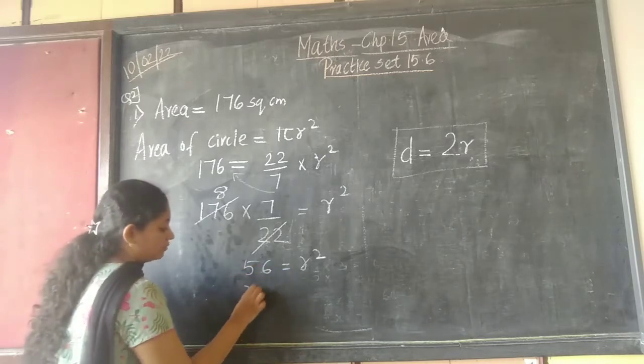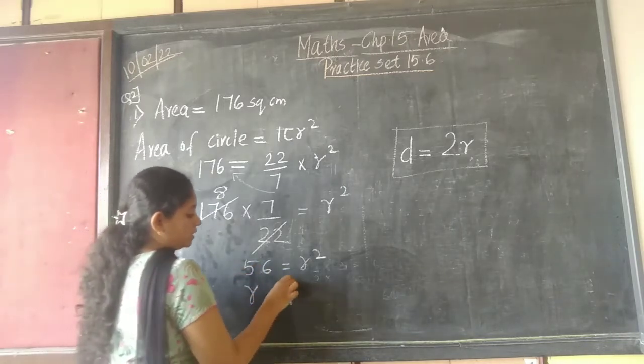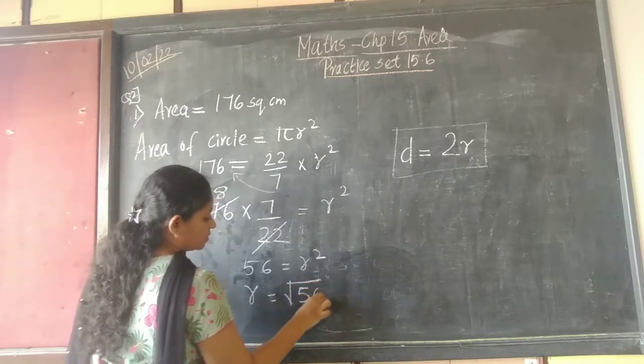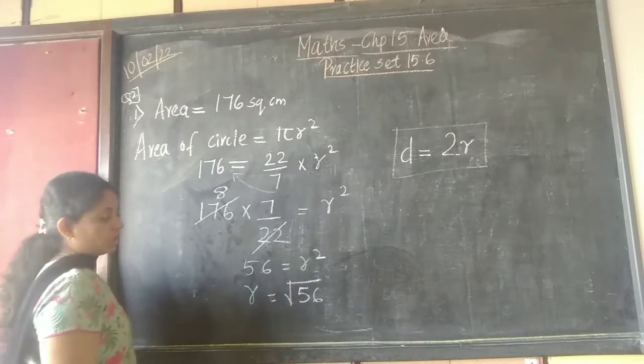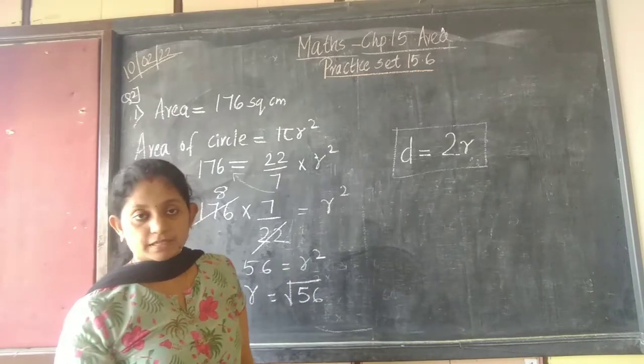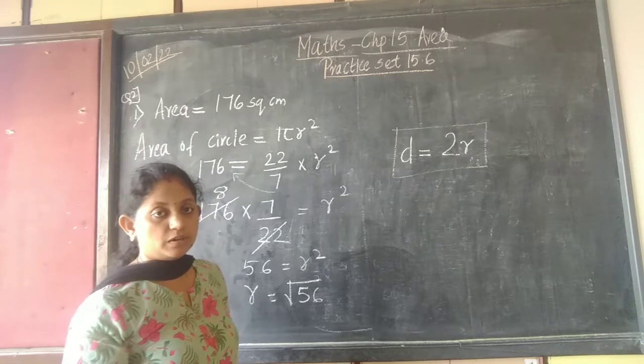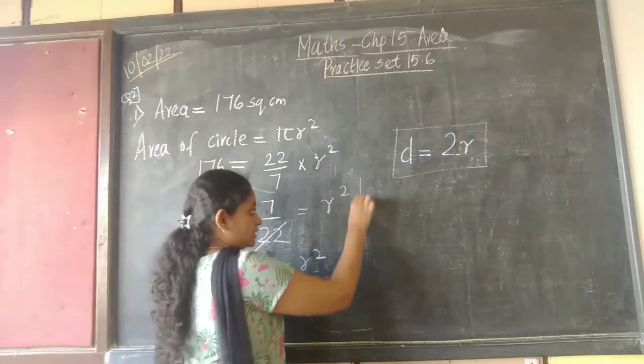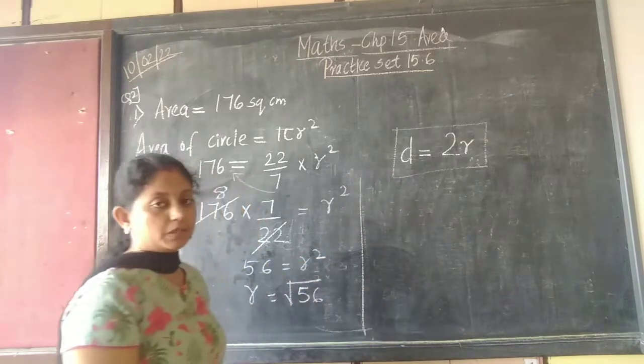Now, r square is 56. So what will be the value of r? That is nothing but we have to take the square root of 56. There is no perfect answer for root 56, so we'll keep it as it is. Now we'll find out the diameter, because what is asked in the question is to find the diameter.